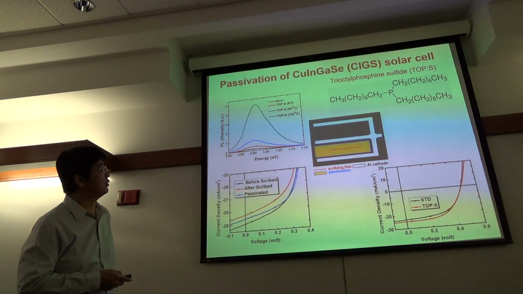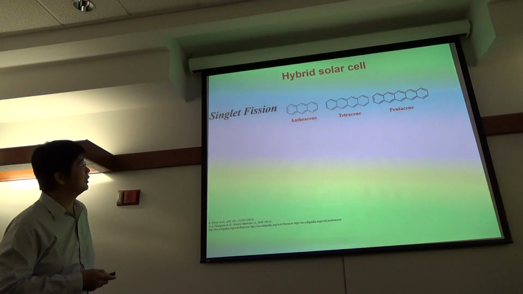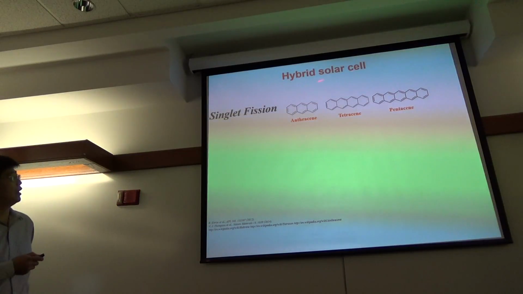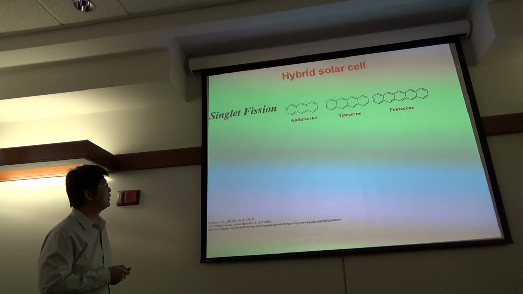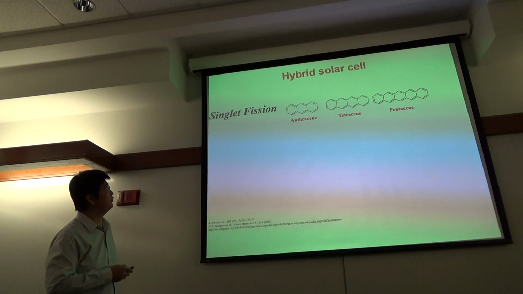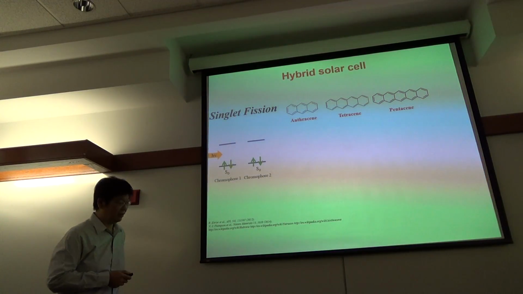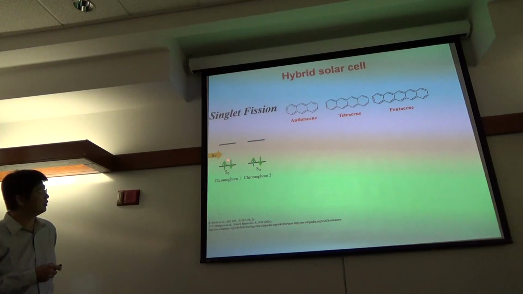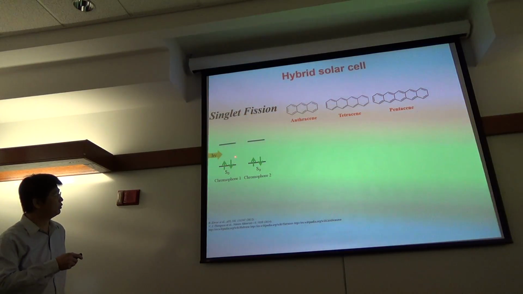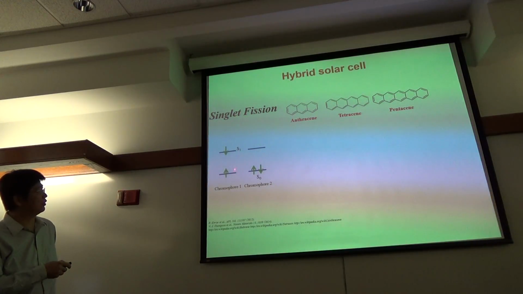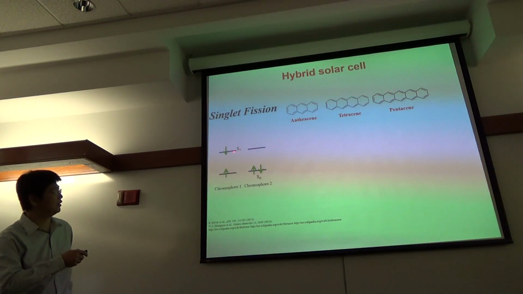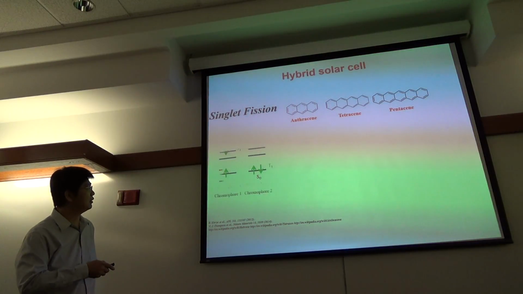So that's for the inorganic solar cell research. And we also do some hybrid solar cell, and we investigate the so-called singlet fission mechanism. That is in some organic materials. For example, if you put two molecules together, and one absorbs the photon, so this one is excited to the S1 state, and the other is in the ground state.